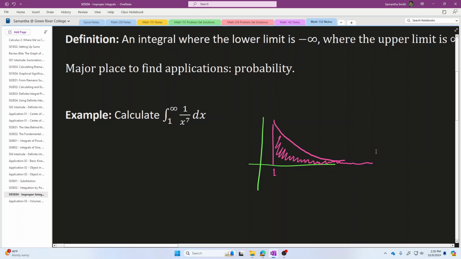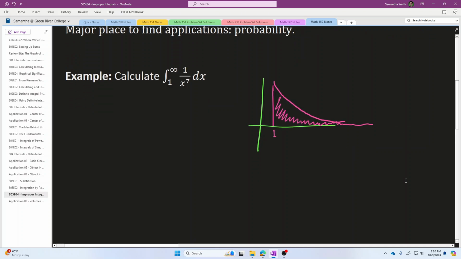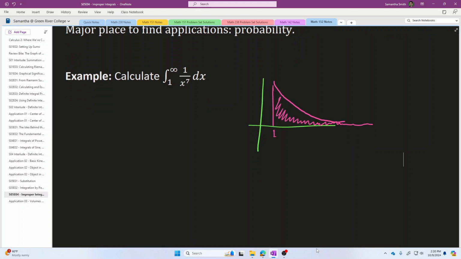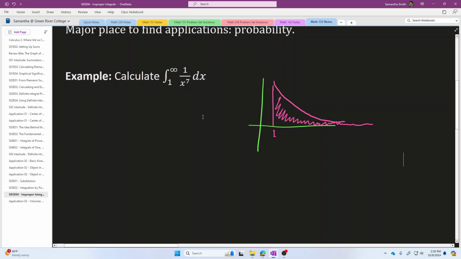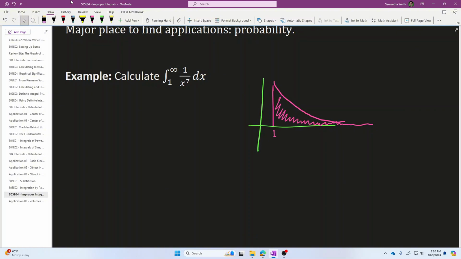The actual process of calculating an improper integral is not much different than what we've done up to this point. To start with the improper integral, you can start it just the same way you would any other definite integral, for example, using the fundamental theorem of calculus and finding an antiderivative of your integrand.